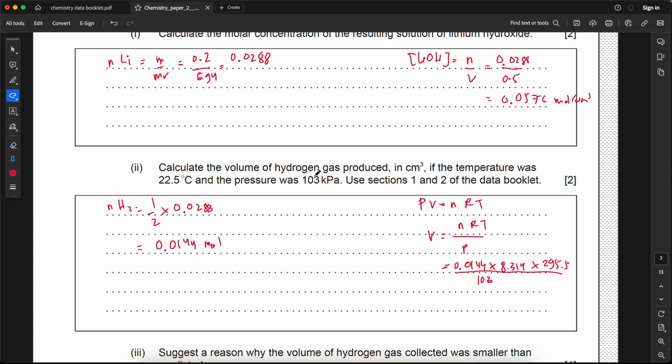But the question asks for the volume of hydrogen gas produced in centimeter cube. So this will be in decimeter cube. Therefore, we need to times 1000. So you will get 343 centimeter cube.